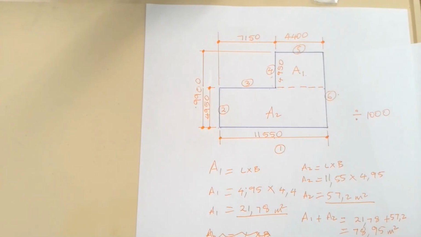So this is the total area for our dwelling. That is how we calculate an area.